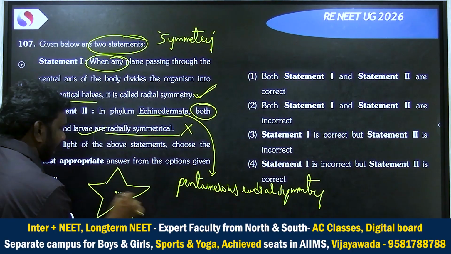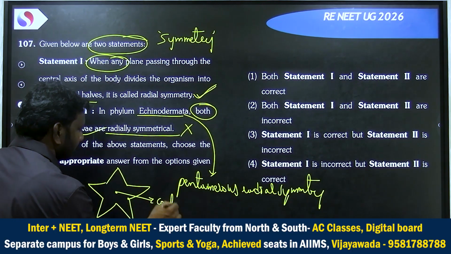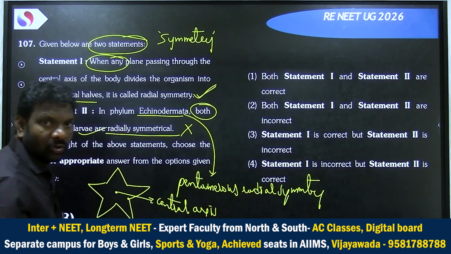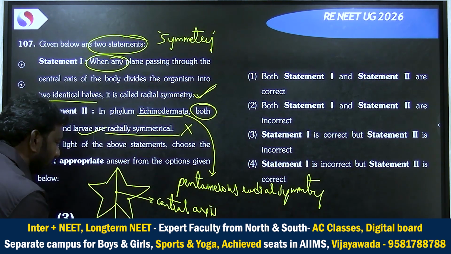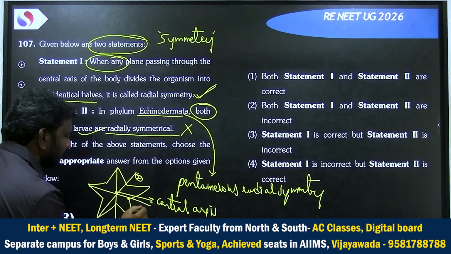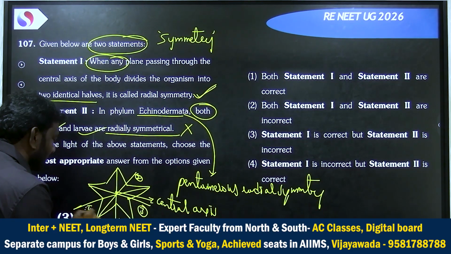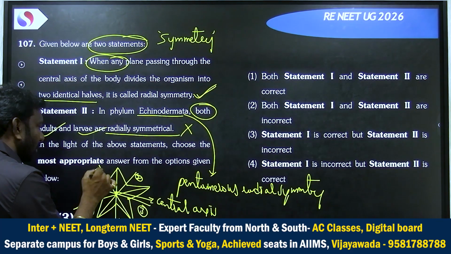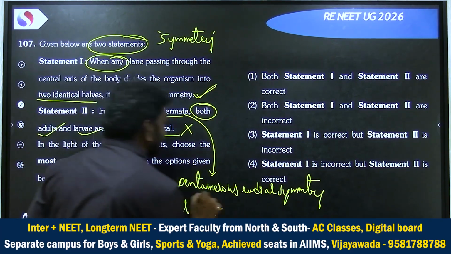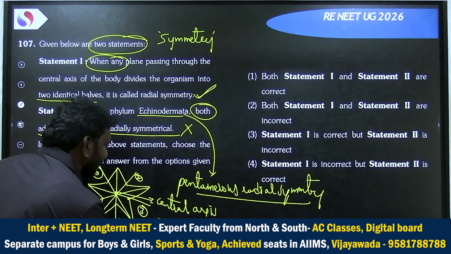This is the central axis. So 5 planes: plane 1, plane 2, plane 3, plane 4, plane 5. That's why it is called pentamerous radial symmetry.